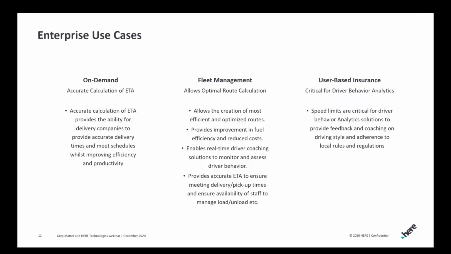And you can use the same information in terms of driver analytics, which, for instance, can be used for user-based insurance, but also for post-trip analysis to analyze, okay, so at a certain situation or a certain location, what was the speed that someone was actually driving versus what was allowed to be driven.